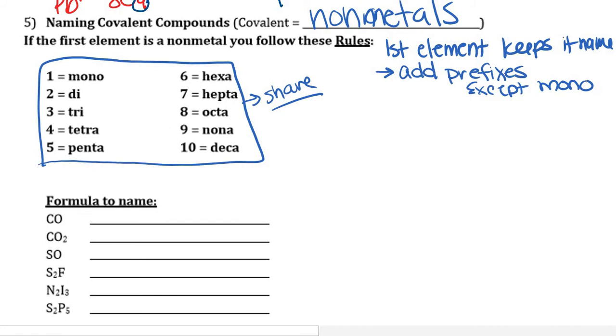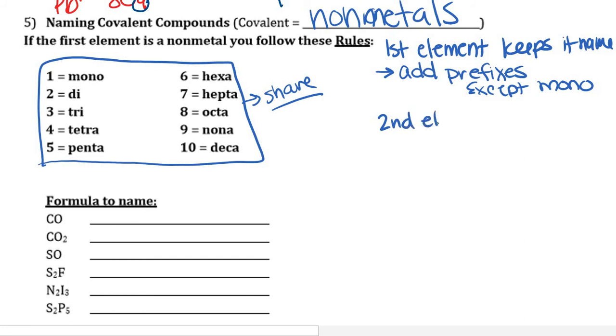So for example, if we only had 1 carbon, we do not put monocarbon, we just put carbon. The first element can take any other prefix: di, tri, tetra, penta, hexa, hepta, octa. It just cannot take mono.